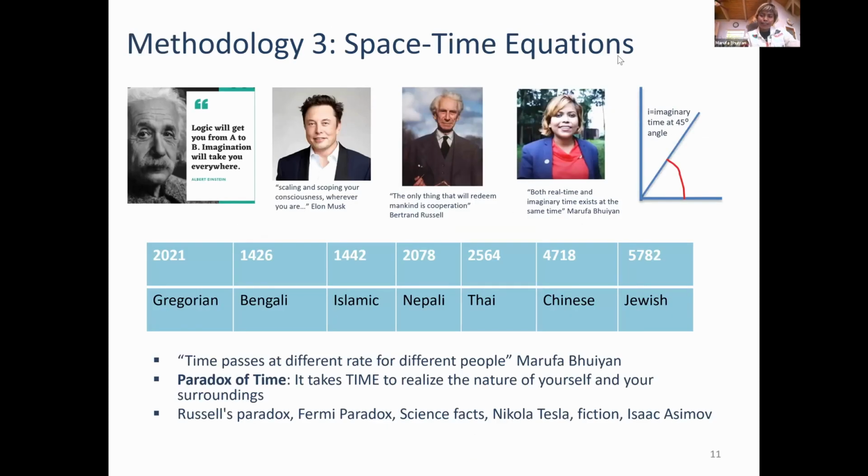A few years ago, I was reading Stephen Hawking's book, Black Holes and Baby Universes. Over there, he says imaginary time exists and it travels at a 45-degree angle. It kind of changed my whole perspective. You see all these calendars here: the present day, 2021, and then the Bengali calendar, because we're still ruling Bengal, and then all these other calendars.